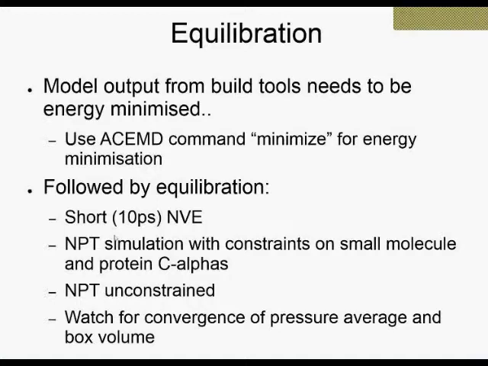So the structure that comes out of the build system is largely correct, but has not been corrected for steric or any energetic collisions between groups, particularly the algorithms used to place ions and to place solvent around a protein do not necessarily anticipate and correct for steric collisions. So an energy minimization is something that one performs to remove these gross mistakes from the model.